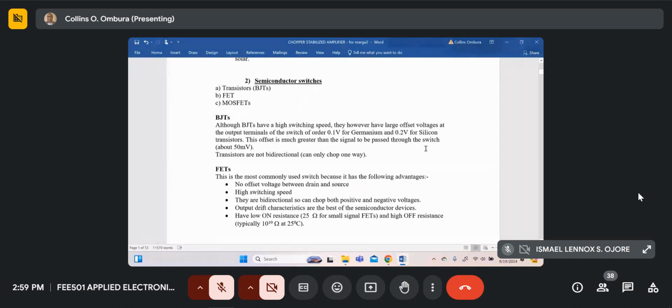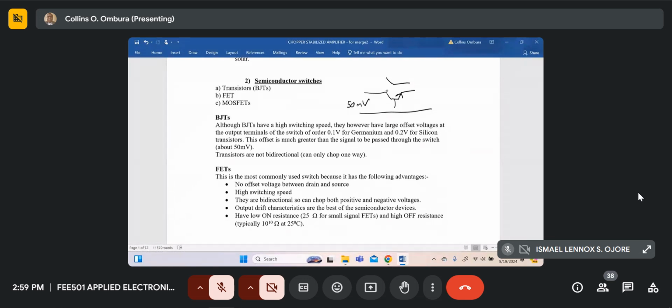Now imagine, supposing this is our circuit, and you put your BJT switch in series. Let's assume it's a series switch. We shall come later in details about the topology. Now the input we want is 50 millivolts, slowly varying DC. This is your switch.